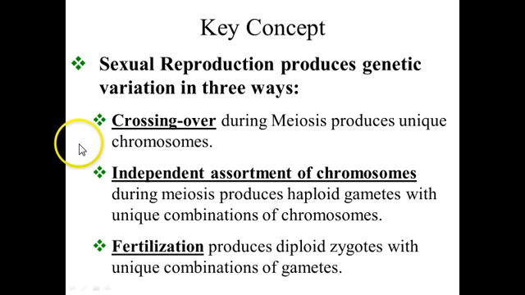So each of these processes is sort of a rolling of the dice, a random process, so none of your offspring are going to look identical, but all of them are going to have characteristics from you.